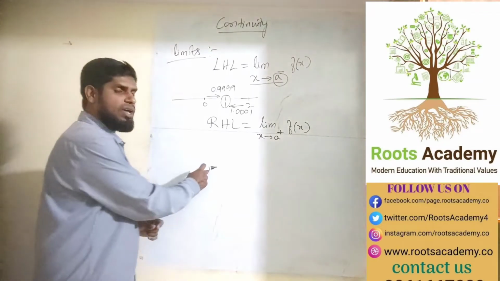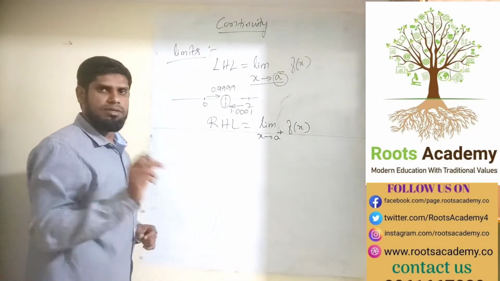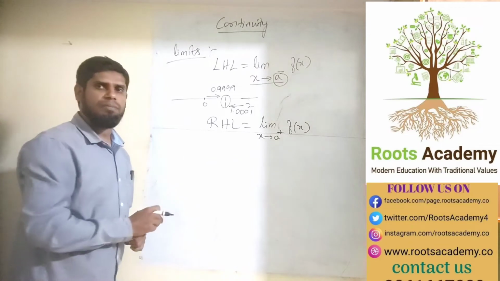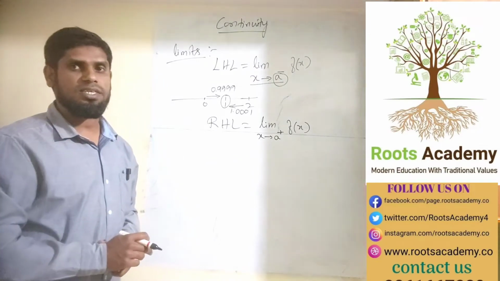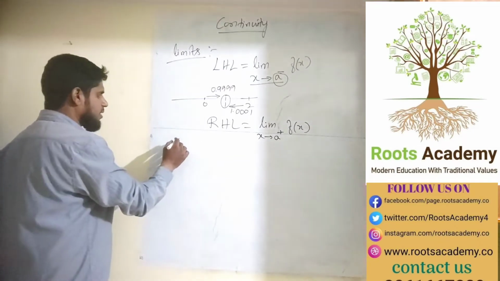If anywhere we lift our pen, anywhere the graph is disturbed or jumps, then those functions are discontinuous. Let's take some examples.